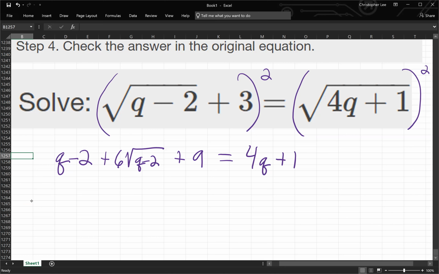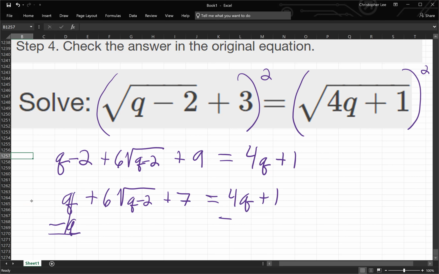So let's isolate the radical over here, right? Before I do that, let's combine like terms. -2 plus 9, I think is what, 7? So Q plus 6 square root Q minus 2 plus 7 is equal to 4Q plus 1, right? So I'm gonna subtract Q from over here.